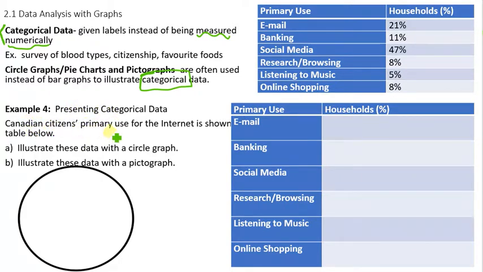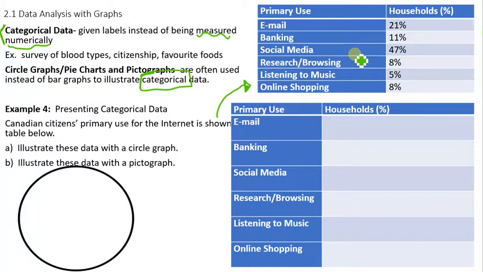Canadian citizens' primary use for the internet is shown in the table. It's right here. Let's illustrate this with a circle graph and a pictograph. We can see emailing, banking, social media, research.